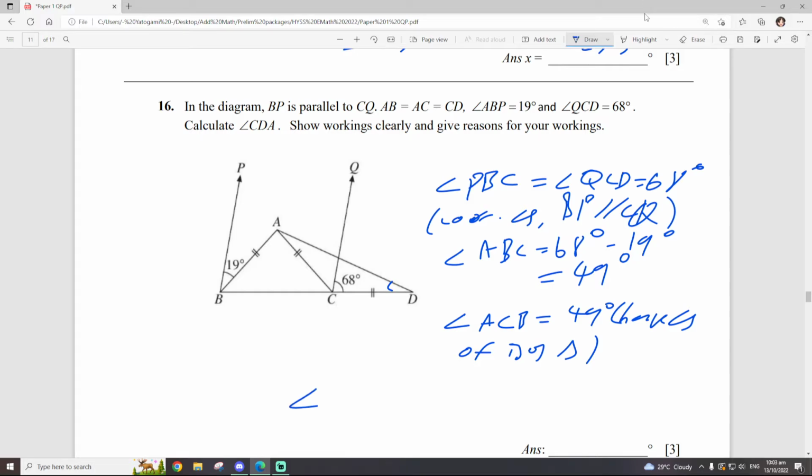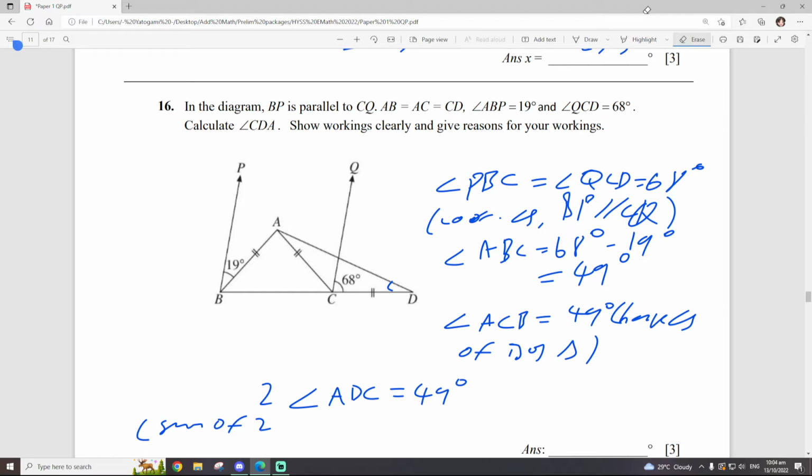So I'll leave you to decide how. Angle 2 times angle ADC, rather, is 49 degrees because of the sum of two interior angles, the exterior angle. Interior, sorry.